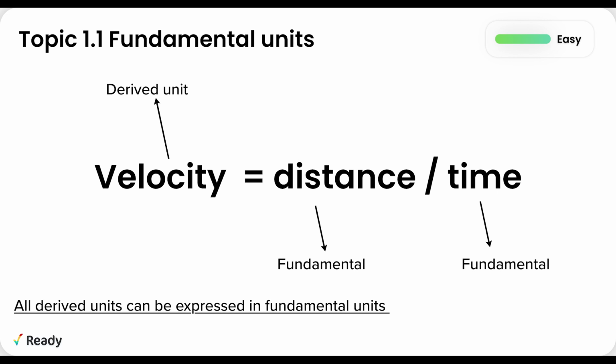As you can see, the unit is meters per second, which comprises both the fundamental units of distance and time. I hope that makes sense, but if it doesn't, it's okay, because now we're going to walk through a very simple question about how to take a derived unit and change it into its fundamental constituents. This is quite a common IB question, so let's get started.